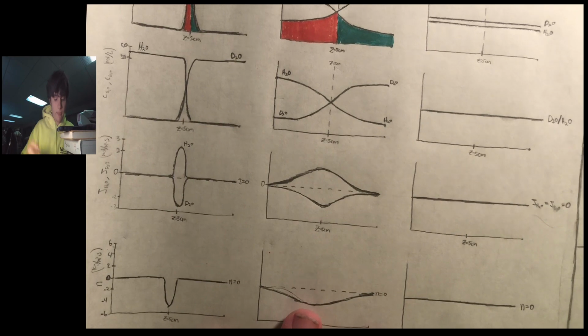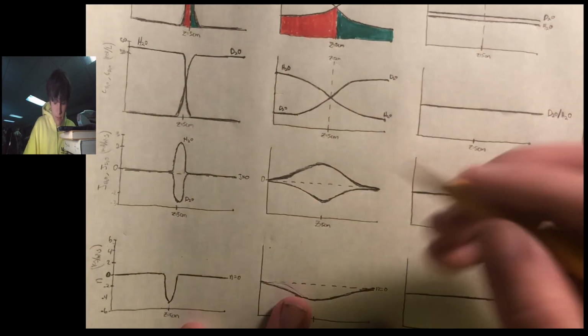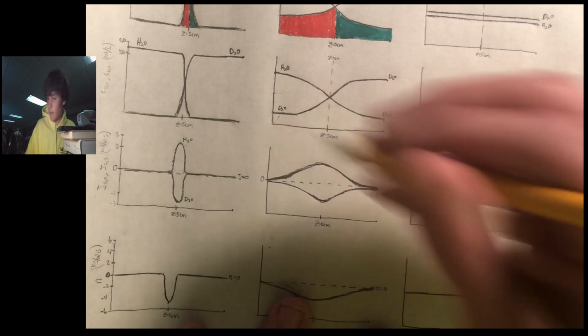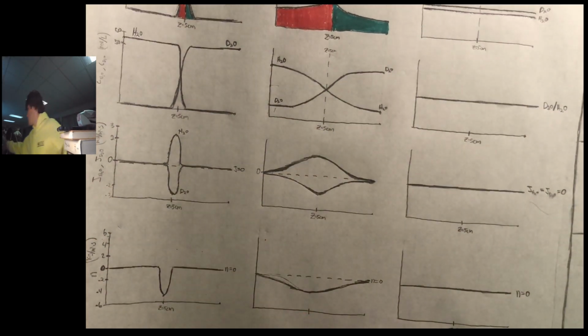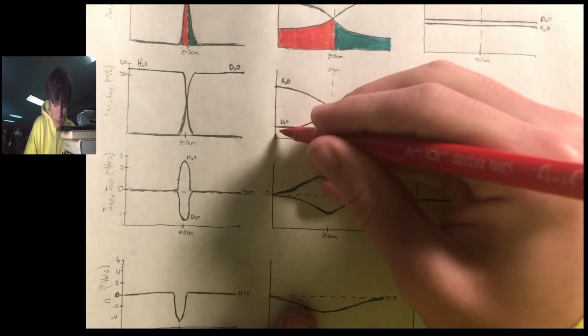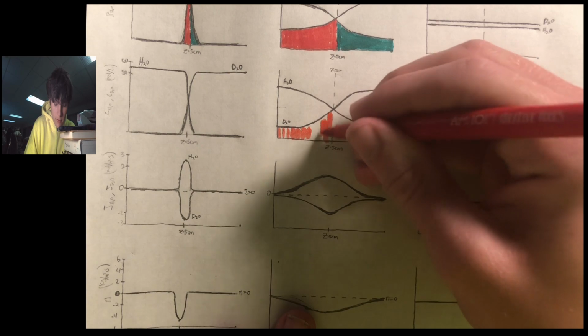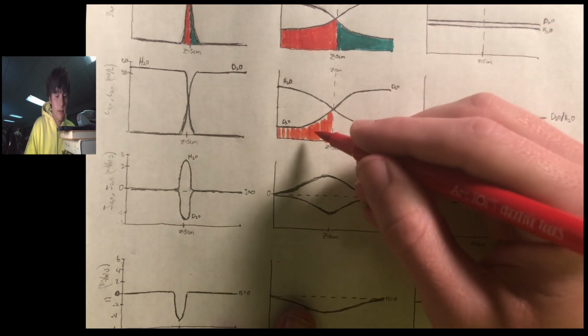Well, let's see. So this right here, let's use some colors. The fact that the total molar flux is equal to 0 gives us symmetry and makes this kind of pretty. So the total moles of D2O that move to the left-hand side is this.